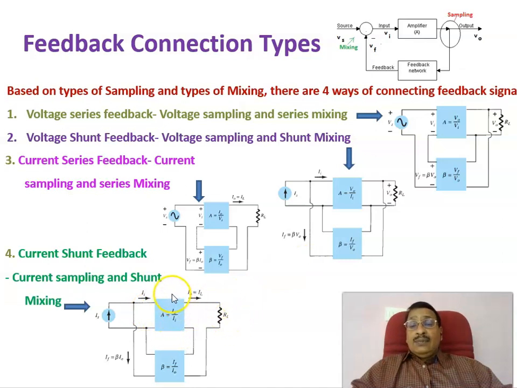This is the general block diagram of a current shunt feedback, that is current sampling and shunt mixing. Therefore, based upon the type of sampling and the type of mixing, there are 4 types of feedback circuit: voltage series feedback, voltage shunt feedback, current series feedback, and current shunt feedback.